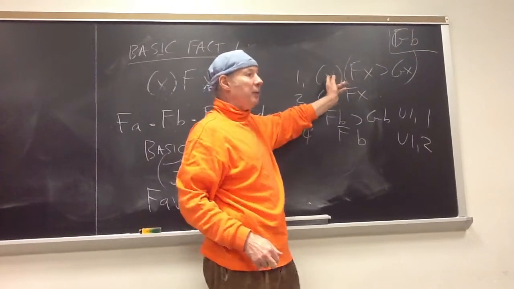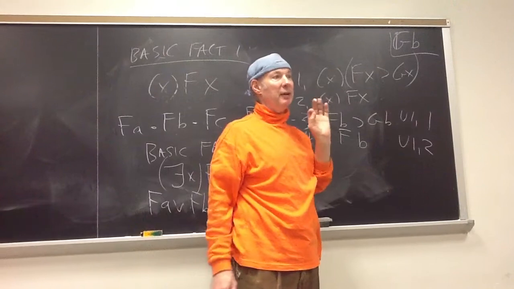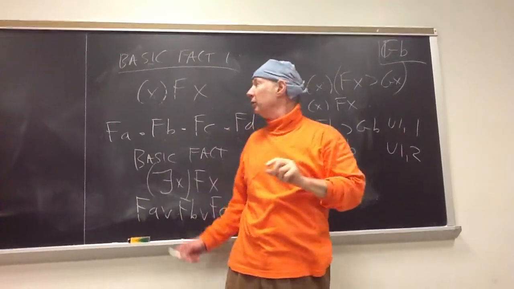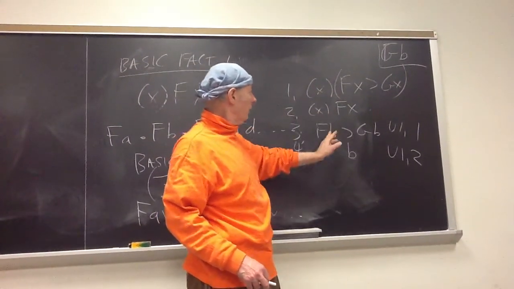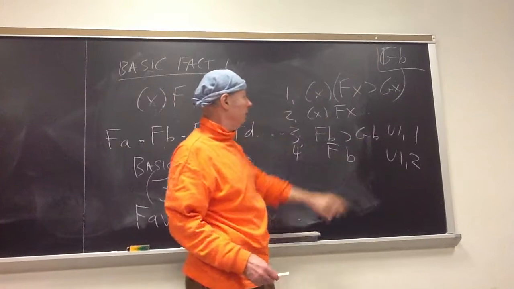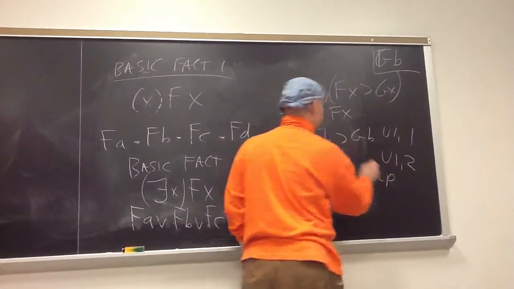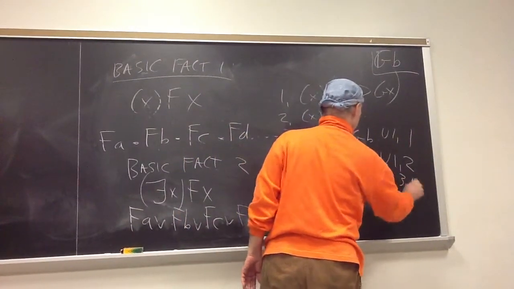So when I drop a universal quantifier, I can replace my x's by the name of any object whatsoever in the universe over which these quantifiers range. So I can replace x by b. And now I can do MP because that has largest scope to get my answer.